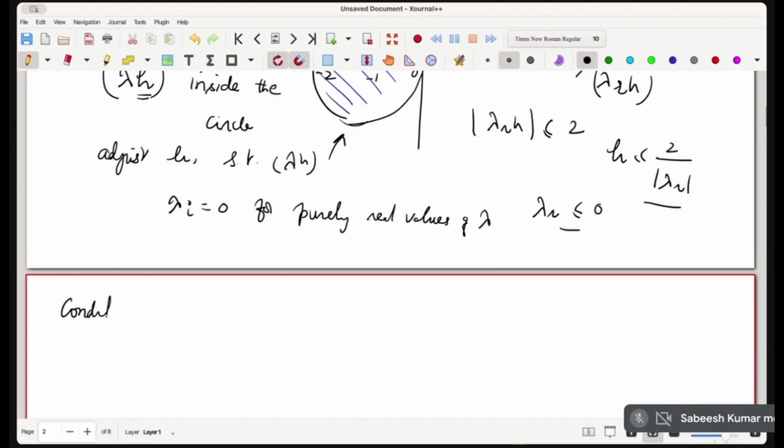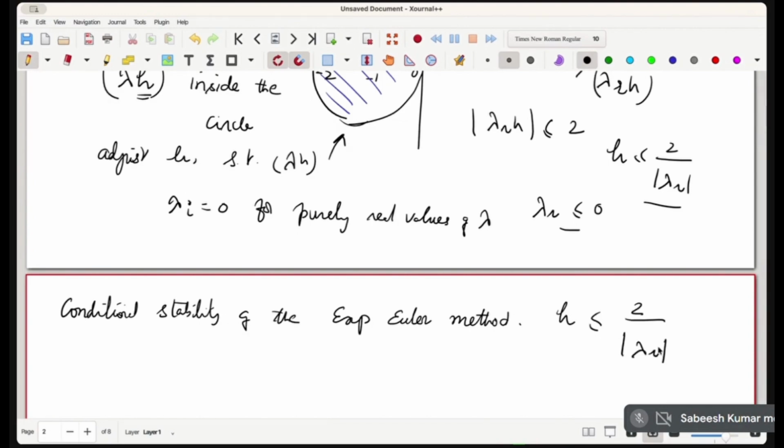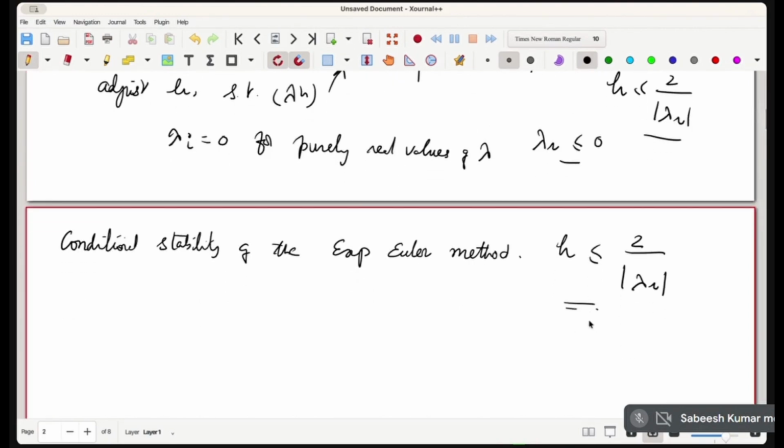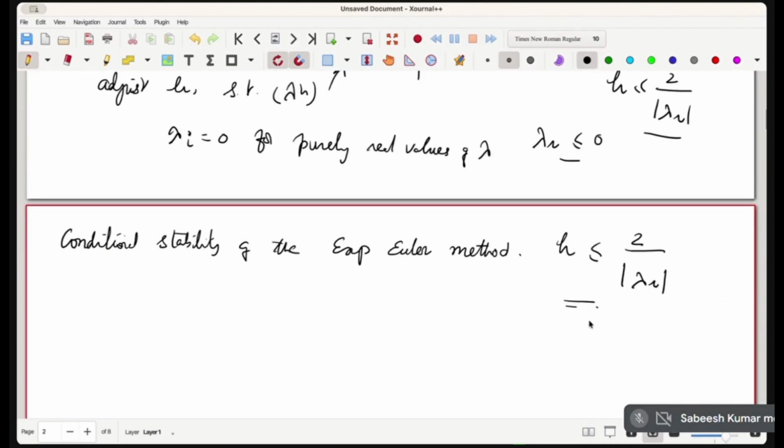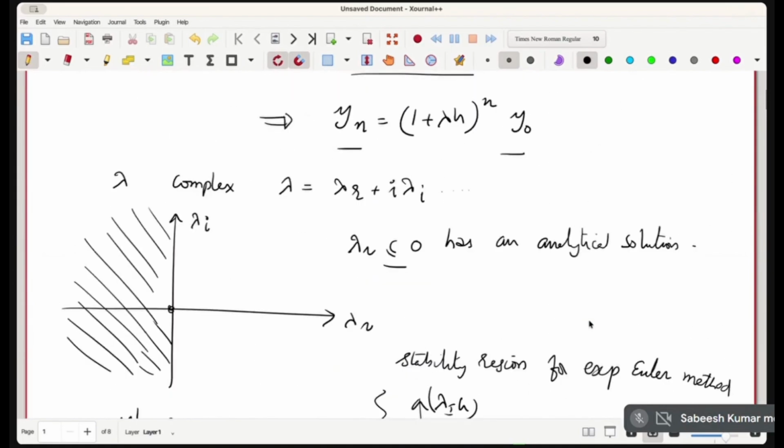So conditional stability of the explicit Euler method, given by h less than or equal to 2 divided by modulus of lambda r, right? That's what we have. So we cannot take any value higher than this, because that will lead to divergence. Okay, fine. So that is what we have looked at yesterday.